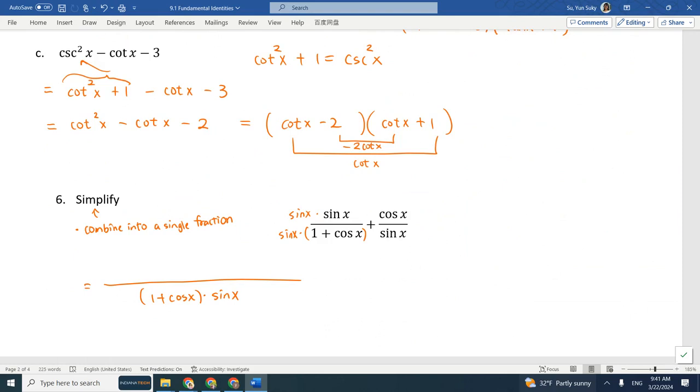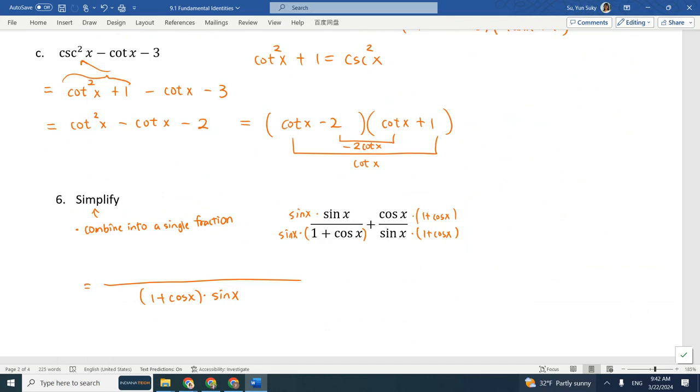How do we get the common denominator? We multiply the top and bottom by sine x. And the second fraction, we multiply the top and bottom by 1 plus cosine x. So we have the same denominator.